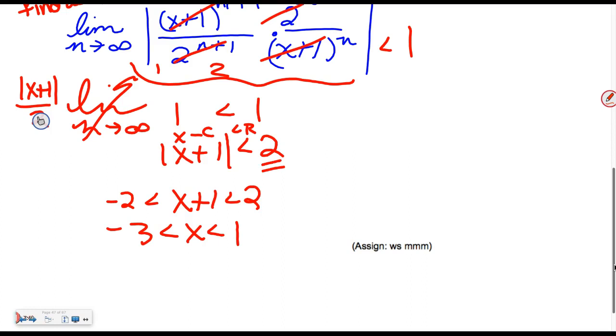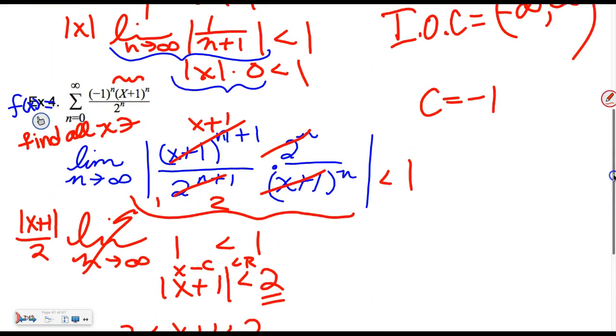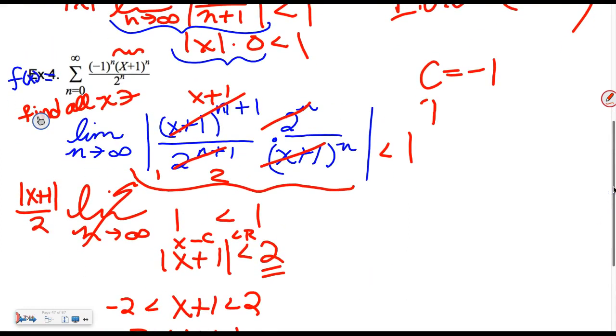Now, you have to be careful, like I told you yesterday. So I'm back up here. I know my center is -1. I know my radius of convergence is 2. That's what right here gives me, my r. My interval of convergence, remember, I went through it really quickly yesterday because I showed that long video. I said, be careful with it. Do you remember what I said to be careful about?